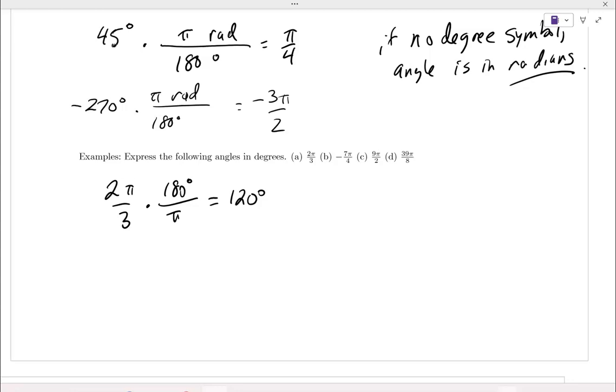If you wanted to do negative 7 pi over 4, you would still do the exact same conversion. Again, the pi's cancel. 4 goes into 180 45 times. 45 times 7, I believe, is 315.